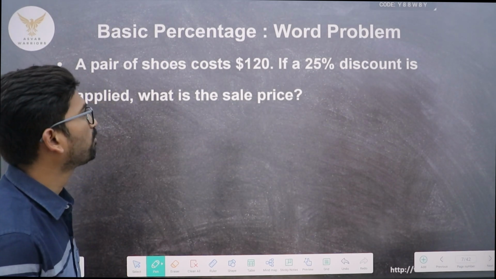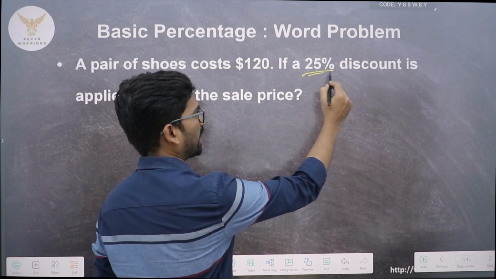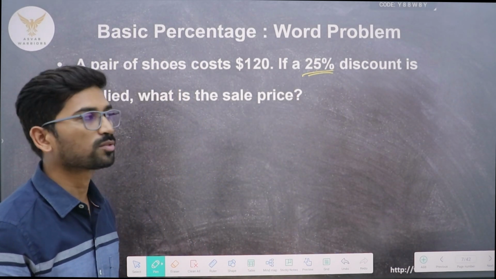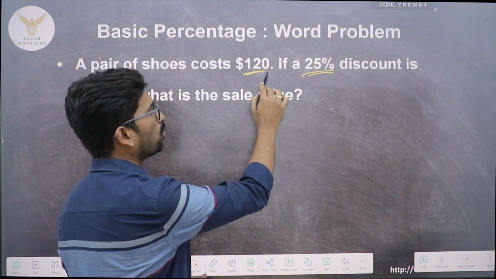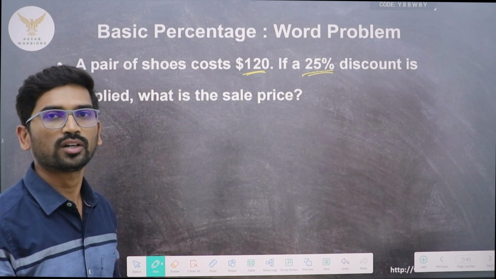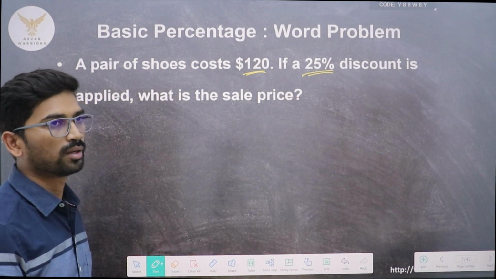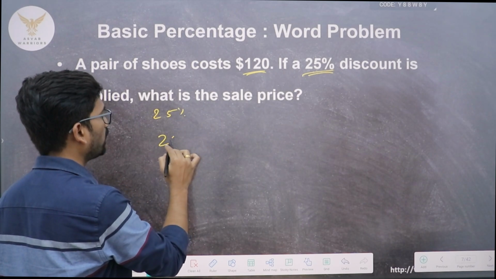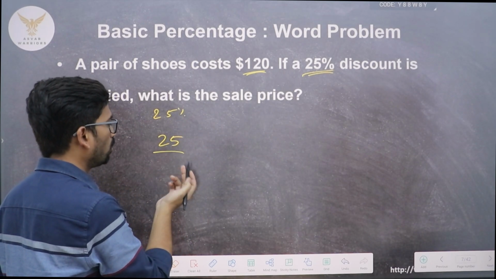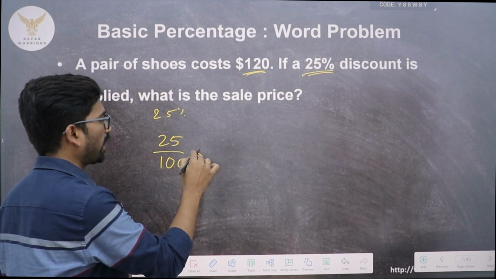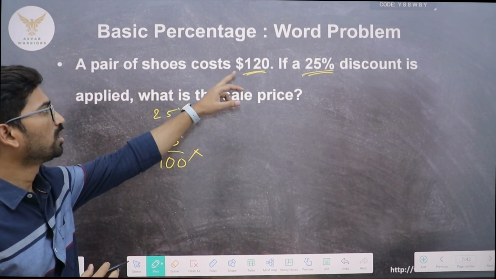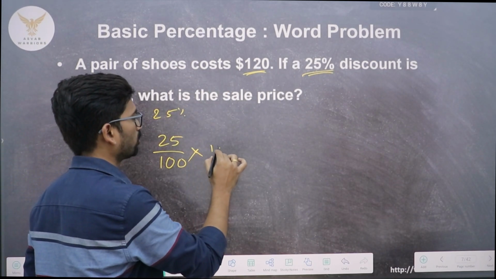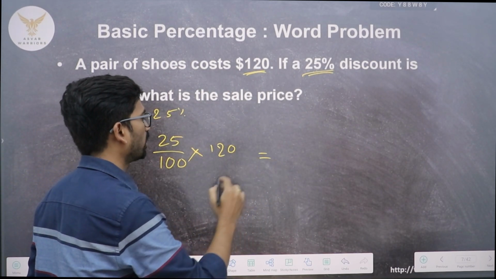Now first we need to find out 25%, as the 25% discount has been given on the price, which is 120. First we will calculate 25% of 120. How to do that? We know that 25% is nothing but 25 parts of whole, which is 100, and we will multiply this ratio with 120, of which the percentage has to be calculated.